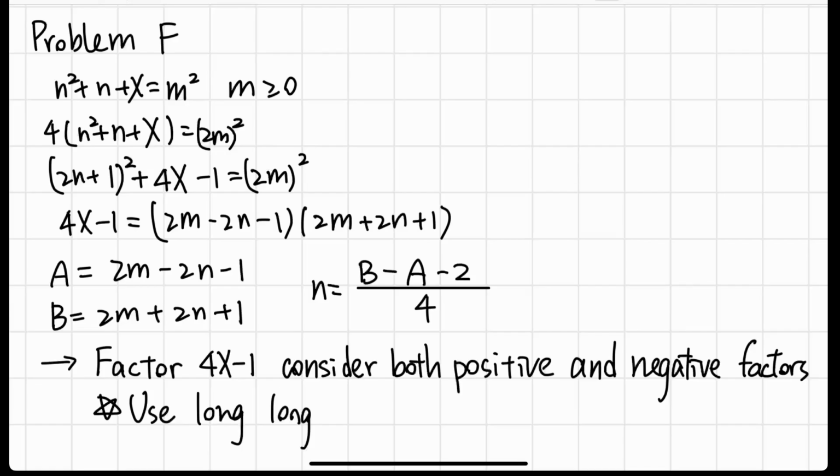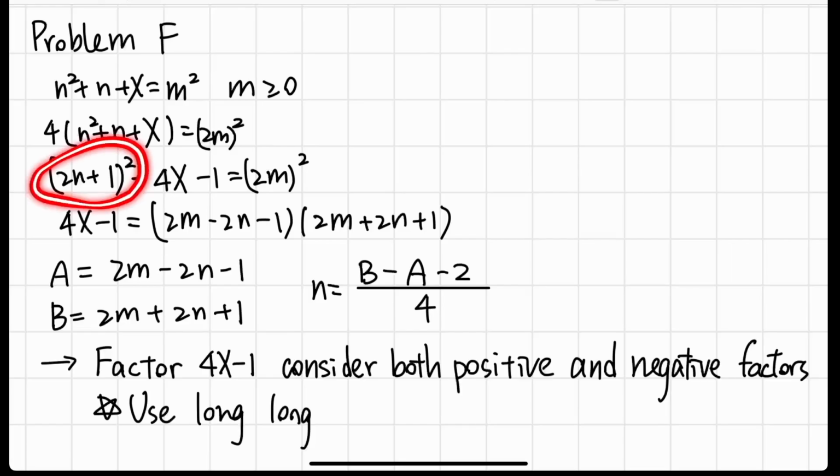Because of this, we want to multiply this by 4. Then this will give us 4m squared. Then if we multiply this into this, we get 4n squared plus 4n plus 4x. Since we want to make all the items with n into one single whole square, we can combine these items into a square item like this, and then do plus 4x minus 1, because we get an extra 1 when this is expanded.